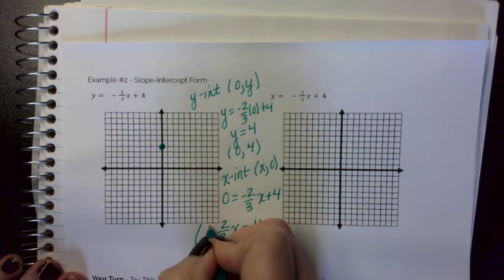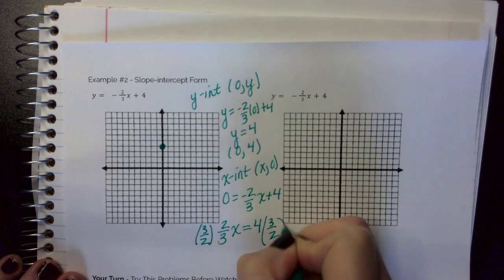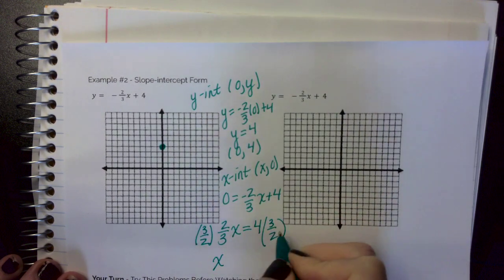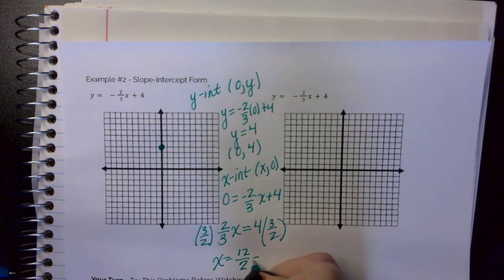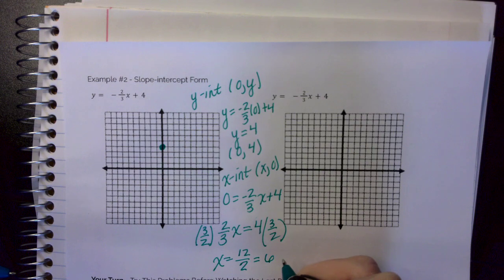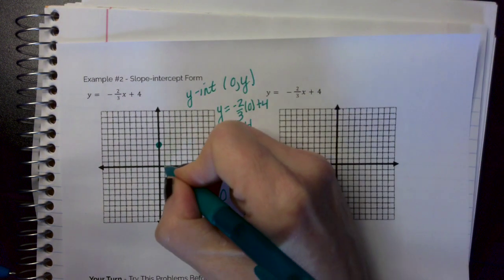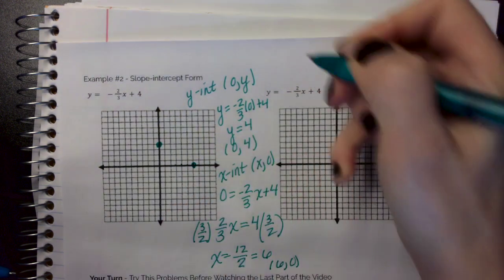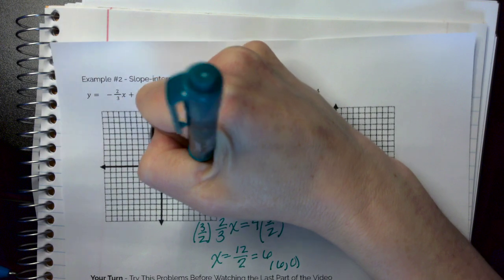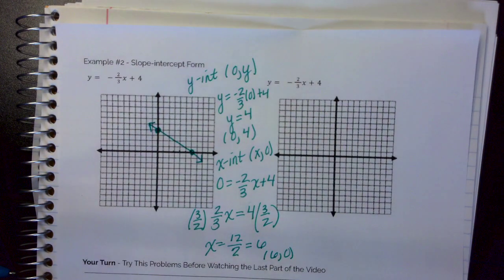Now I'm going to multiply by the reciprocal to get x by itself. That means x is equal to 12 over 2, or x is equal to 6 if I simplify that, and so we get the point (6, 0). 1, 2, 3, 4, 5, 6, and connect them. 2 points can make a line.